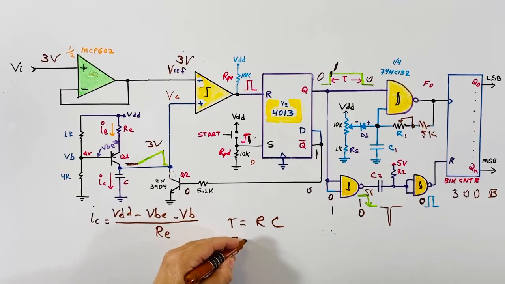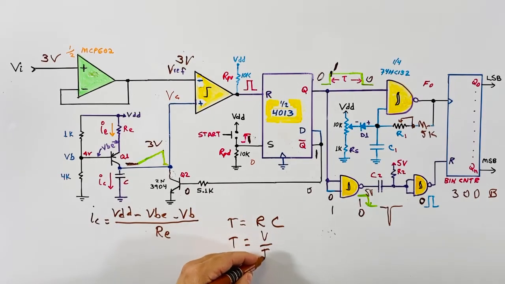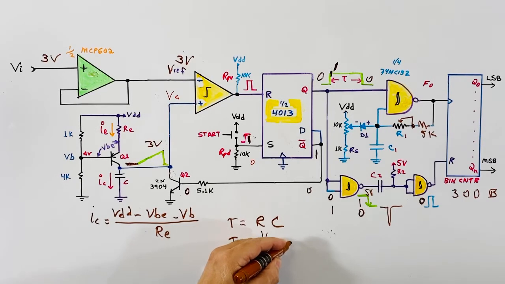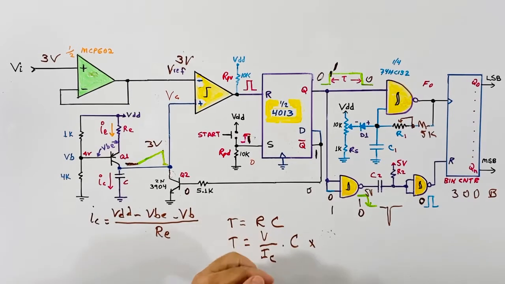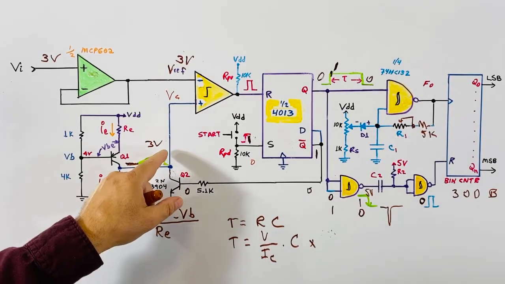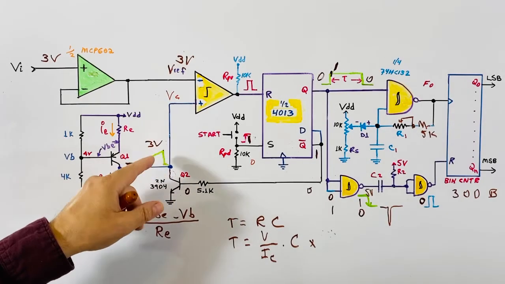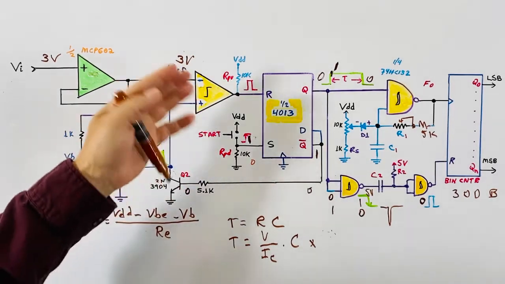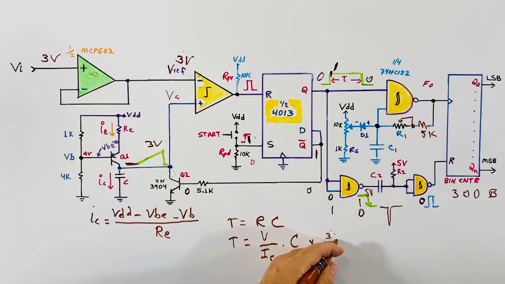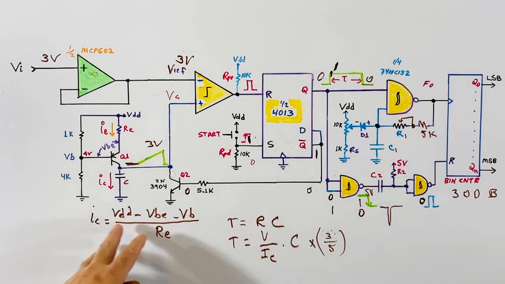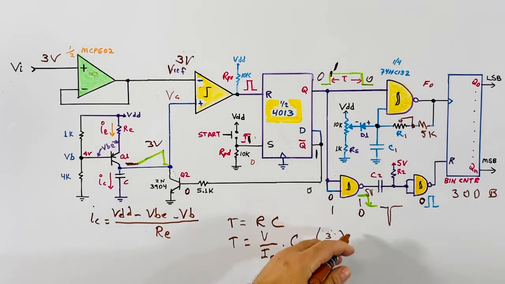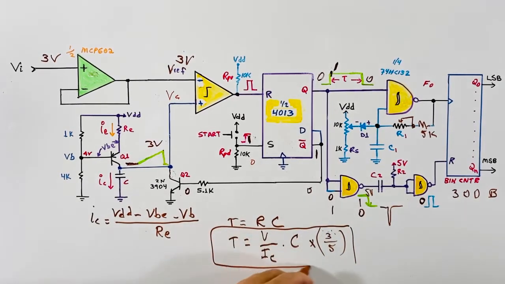So R is equal to V over I, in this case the constant current, the collector current, times C. And we have to multiply this equation by the ratio that 3 has over the total voltage, in this case 3 over 5, so 3 volts over 5 volts. And we know the collector current, so you just substitute it and you will get the final equation. You substitute this IC by this IC.